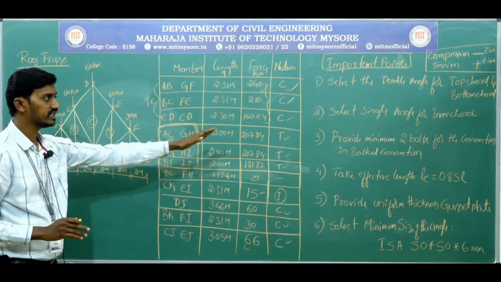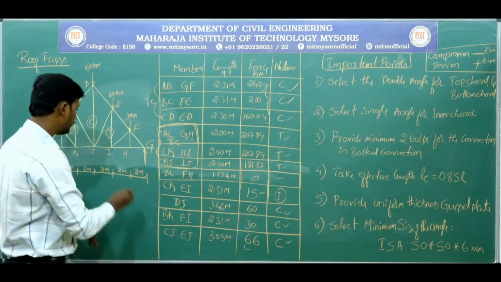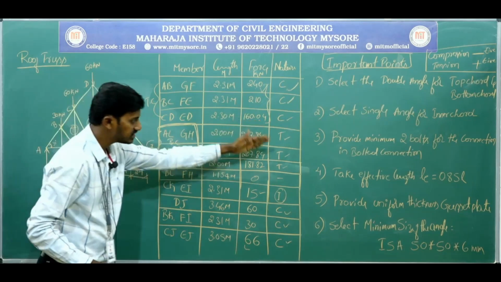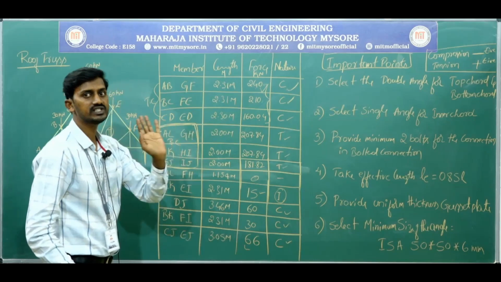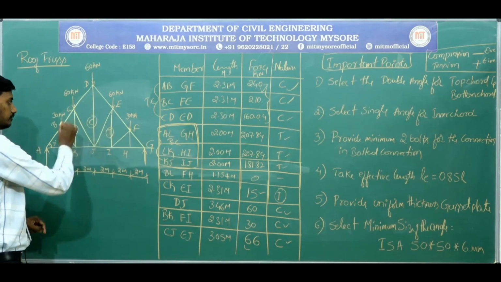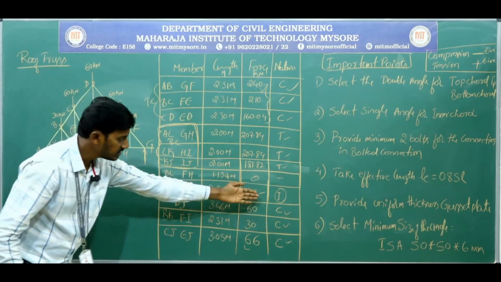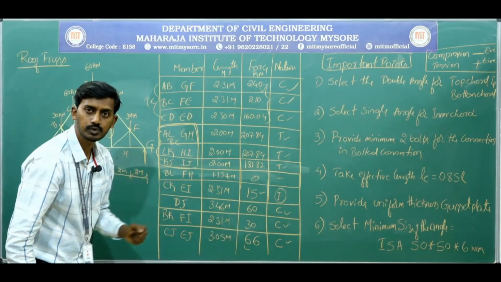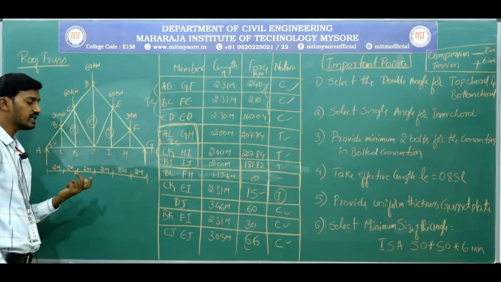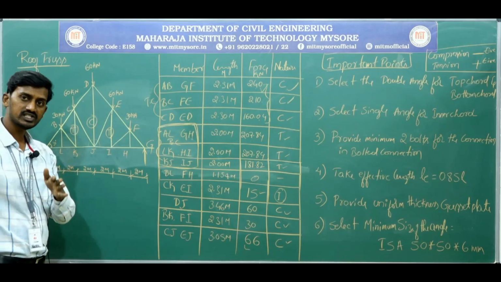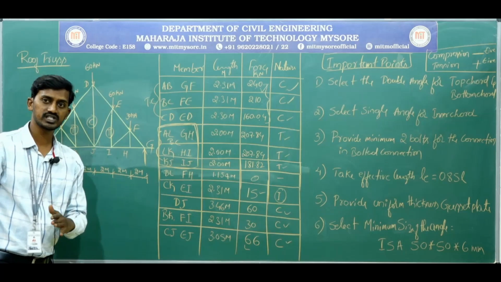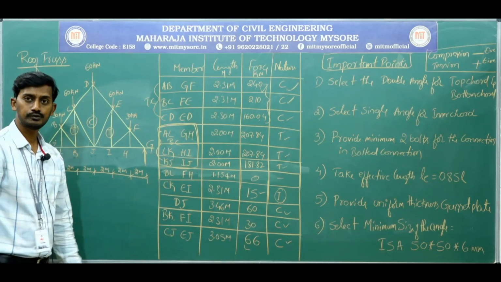We are not going to design for tension. Same way for the bottom chord, only tension force is given, so only tension design is enough. But for the inner member, both tension as well as compression are provided, so we need to design that member as both tension member as well as compression member for the given force.